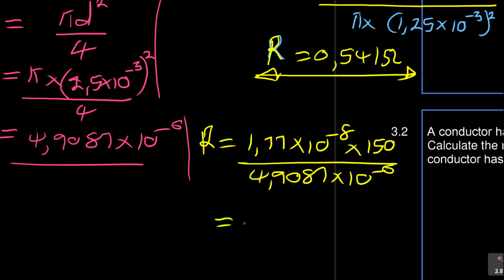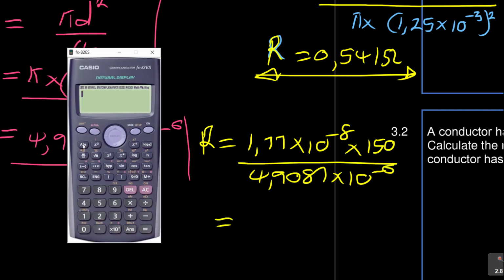Your calculator will do most of the work here: 1,77 times 10 to the power of negative 8 times 150, and then you divide that by 4,9087 times 10 to the power of negative 6, equal to.